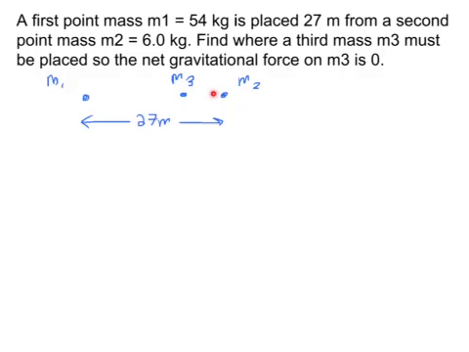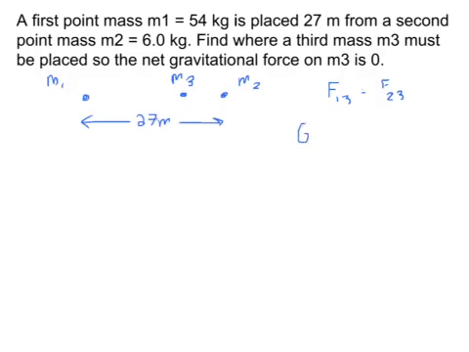Okay, here is how we set up the problem. What we're trying to achieve is that the force of 1 on 3 is equal to the force of 2 on 3. And of course, each of these forces is a gravitational force.